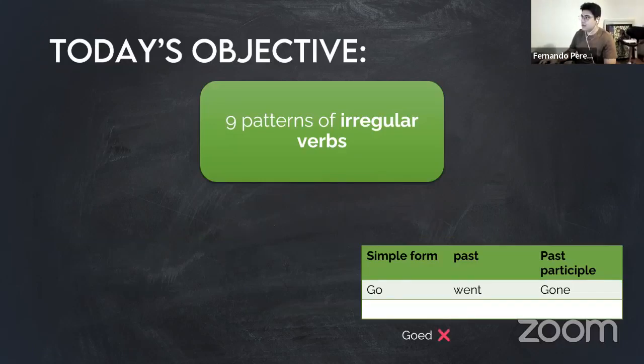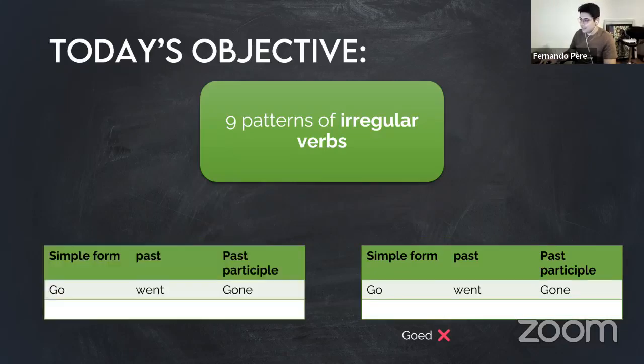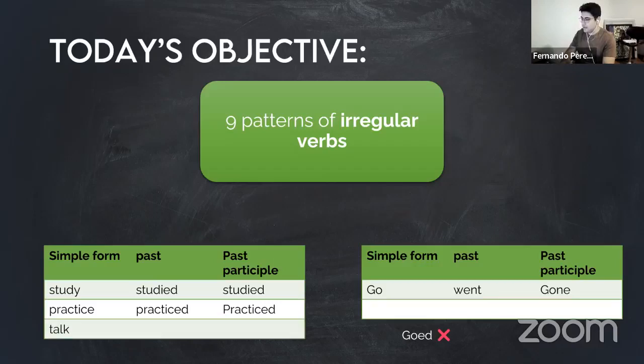In the past, we saw that when you talk in past, you need ed. For example, study, and we have studied. And we have practice, and in past practiced. And we have talk, and in past talked.